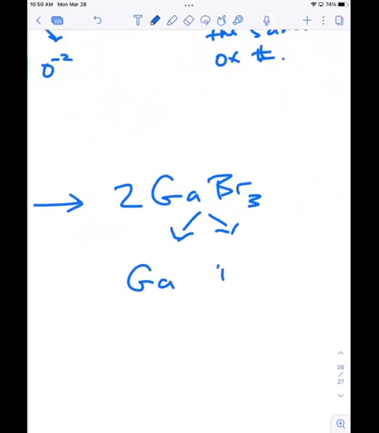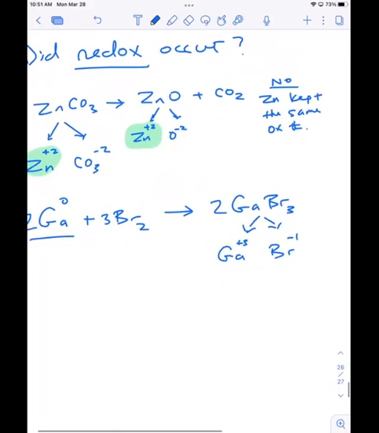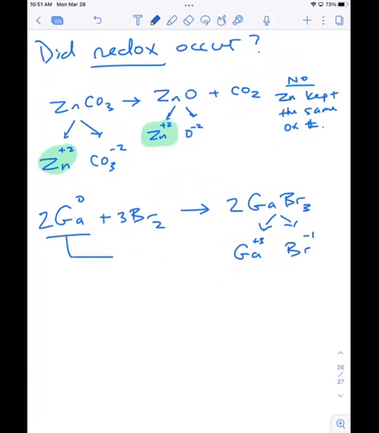And we can break this apart into what? Gallium and bromine. And what is the charge on gallium based on that subscript? +3. Excellent. And then that makes this what? -1. Is that right? Yes. All right. And then over here, so what happened to gallium? Gallium went from 0 to +3.